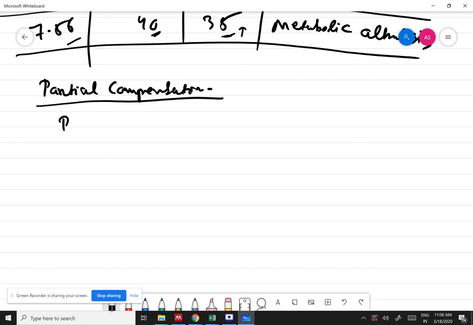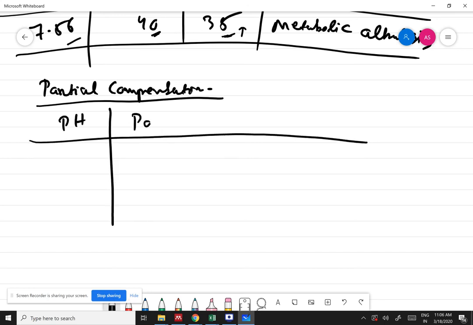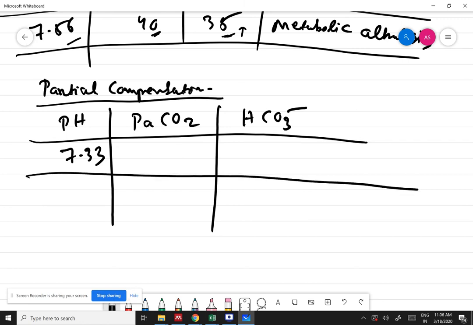For example, I'll give you an example: pH, PaCO2, and HCO3 minus. pH is 7.33. pH should be between 7.35 and 7.45. Now pH is 7.33, which means it is mildly acidic.